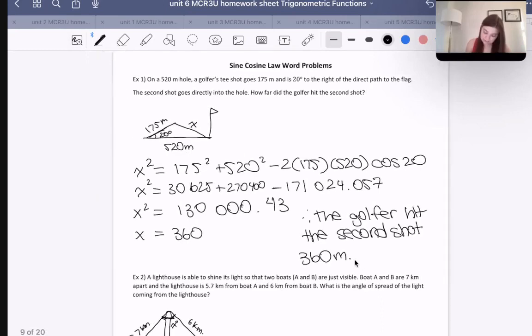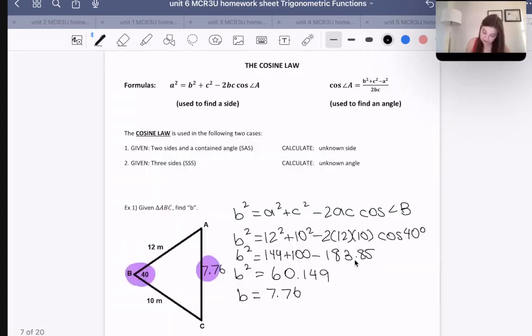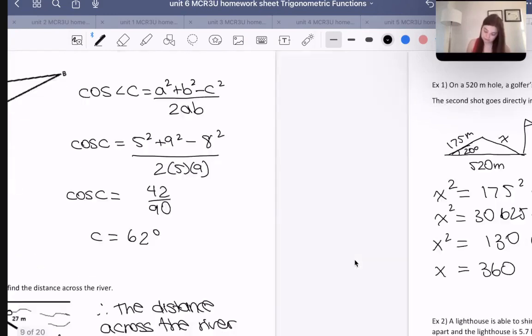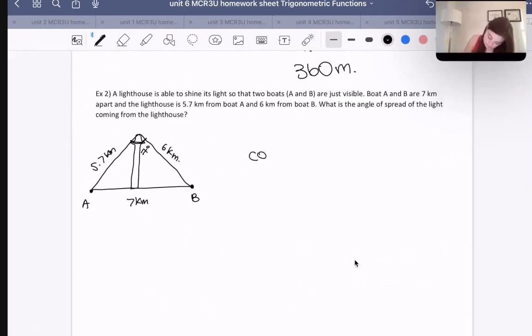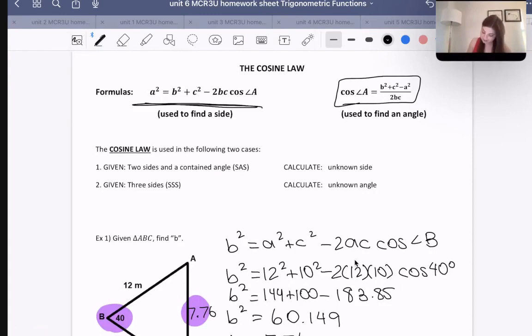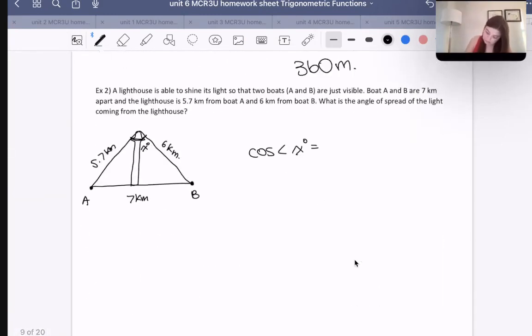So this was the one version of the cosine law. There's a second version I'll remind you of, which is this one right here. It's the same thing. It's just this formula changed around a little bit so that we have cosine of our angle to go off of. So cosine of angle x is going to be equal to b squared plus c squared minus a squared over 2bc, right?